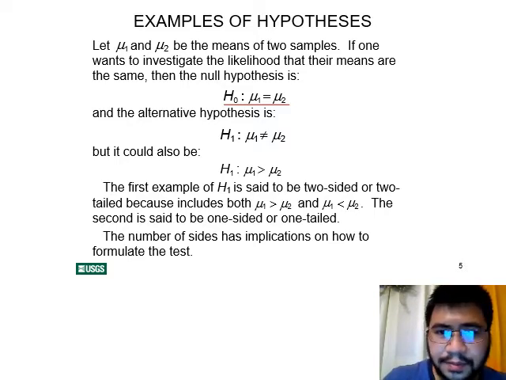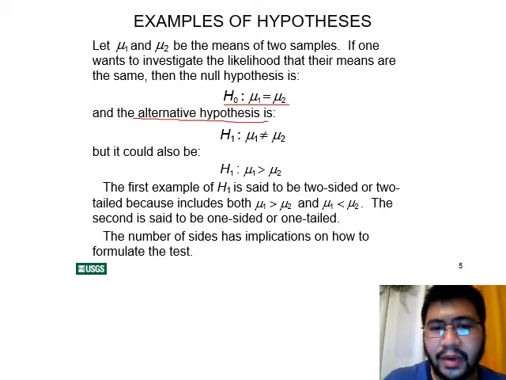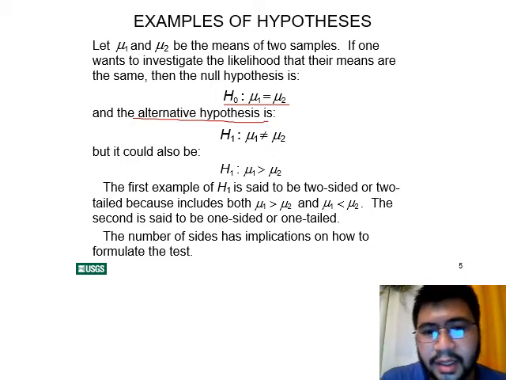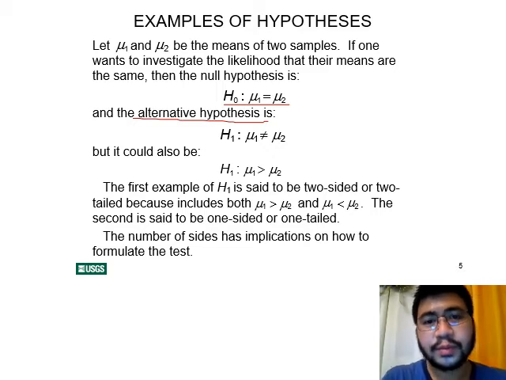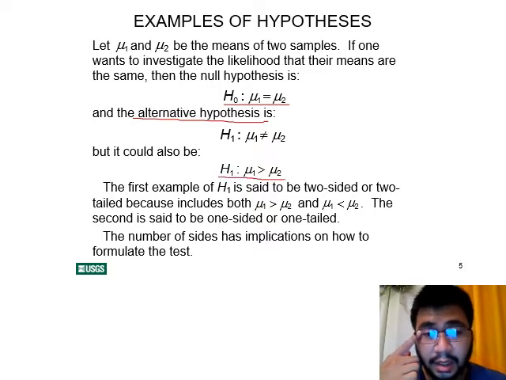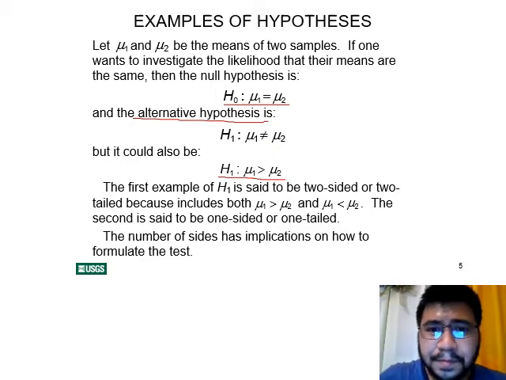And basically, the opposite of your null hypothesis is your alternative hypothesis, and it can go many ways. So the alternative hypothesis can be that mu1 is not equal to mu2. It can also be stated as mu1 is greater than mu2.